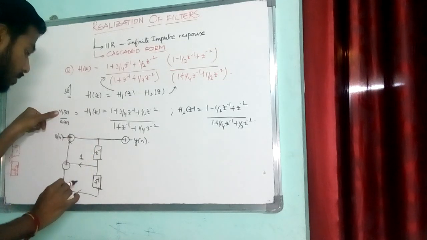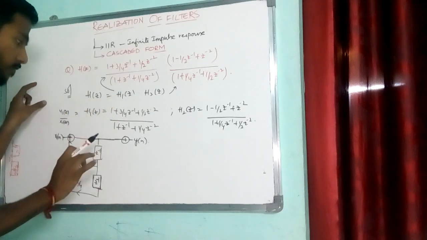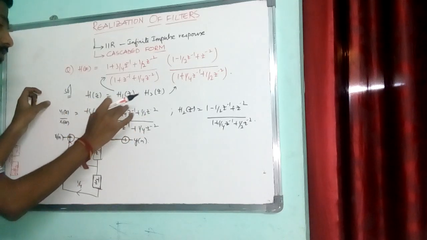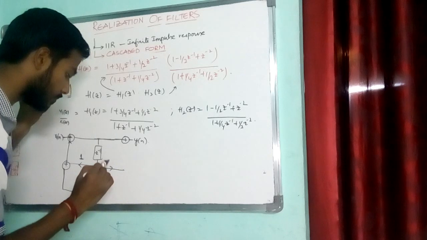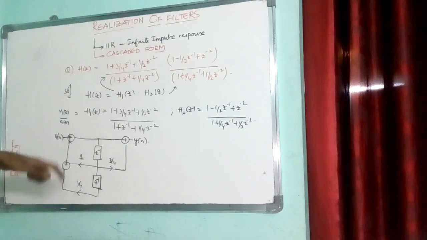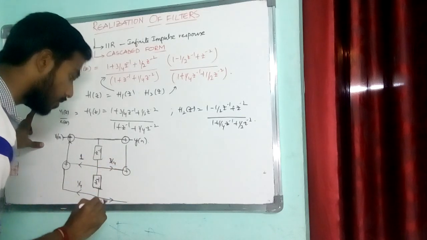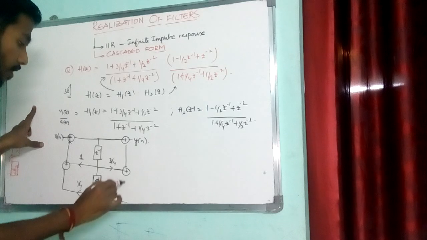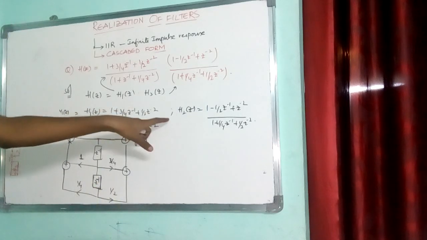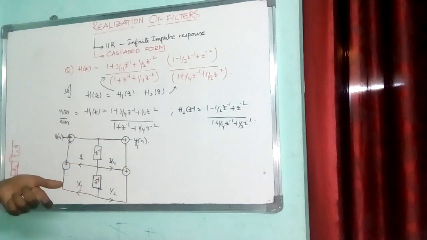This coefficient is 1 by 4. Similarly, x1 of z plus 3 by 4 into z inverse. 3 by 4 into z inverse. And again one more adder here. The second thing is half into z power minus 2. Okay, this is my x1 of n and y1 of n.